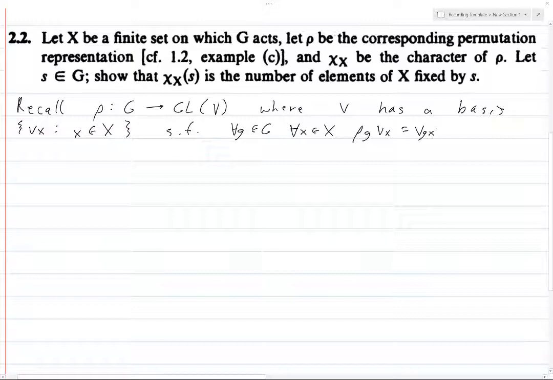And this makes sense because G acts on X, and so gx gives us another element of big X. Okay, so that's that.